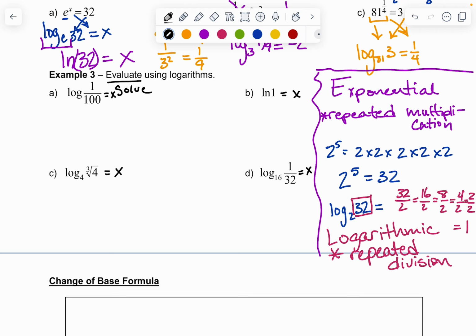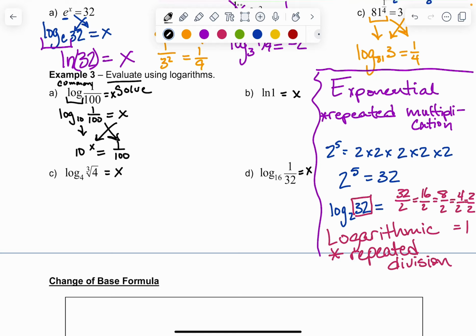So to do this, first we have the common log. And if you remember, that's technically a log base 10. And what we're asking is 10 to the what power equals 1 over 100.